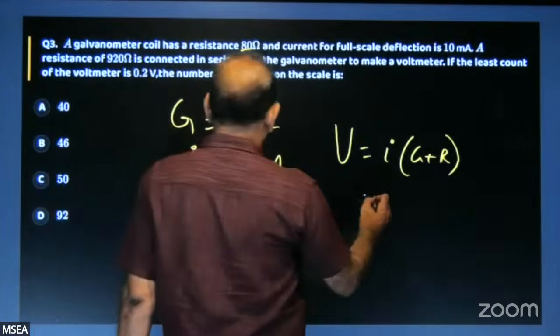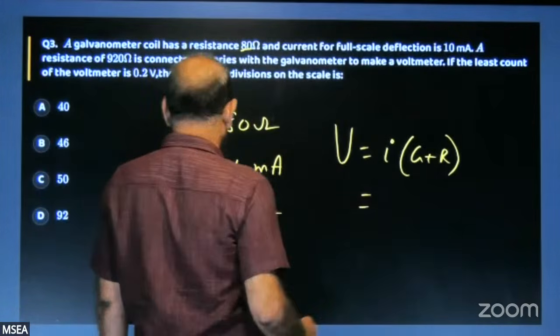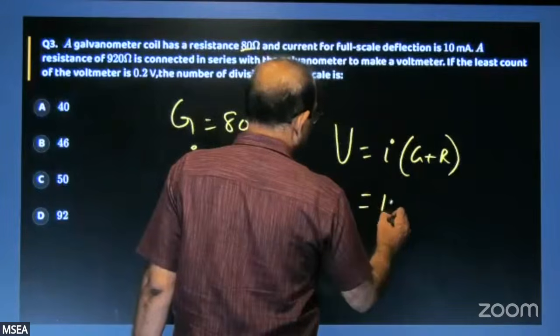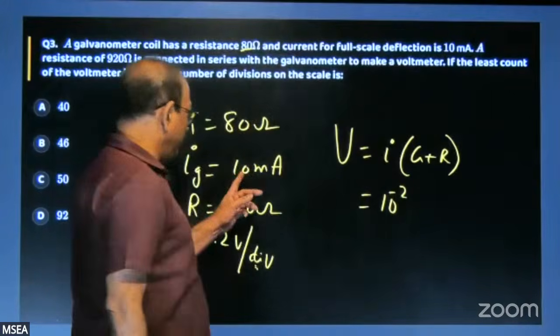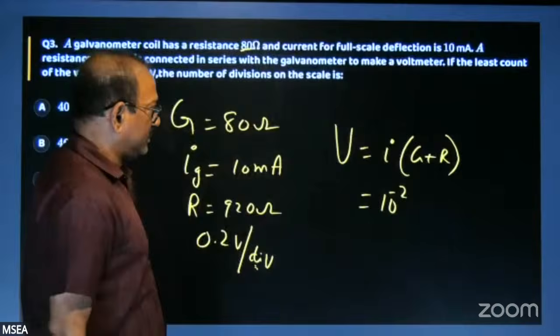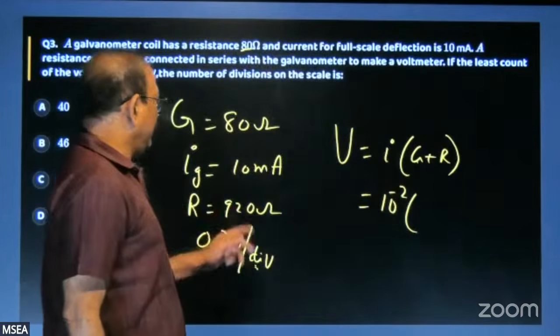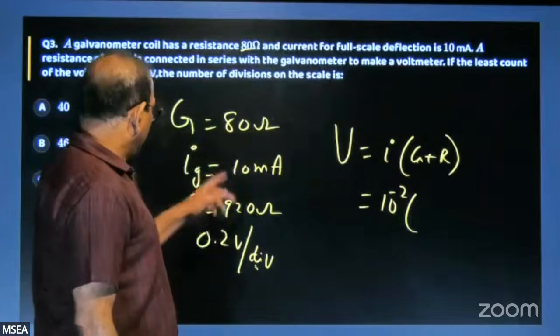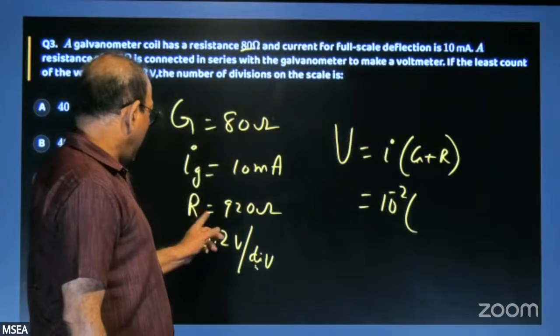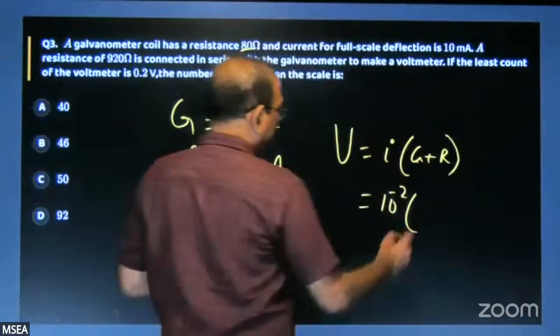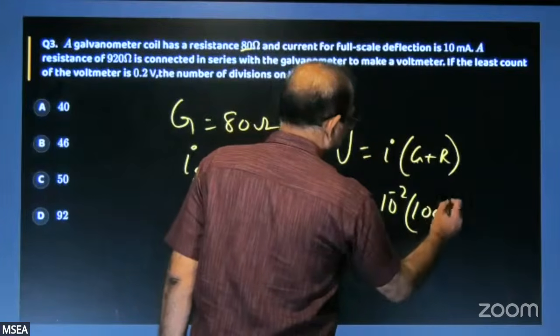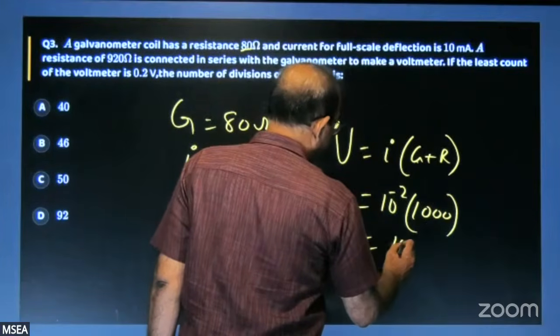What is I? 10 milliampere, which means 10 power minus 2 ampere. 10 into 10 power minus 3, into G 80 plus R 920. Add them, 1000. You will get 10.